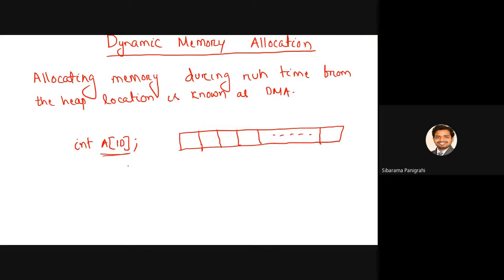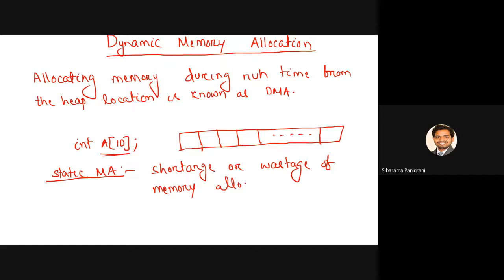So in static memory allocation, there are two problems. What are those two problems? One is there might be a shortage or wastage of memory locations.